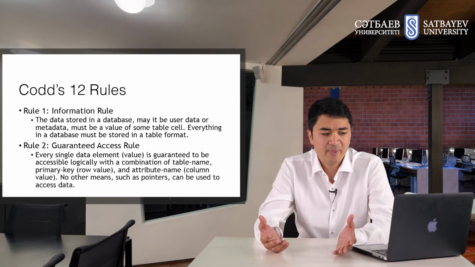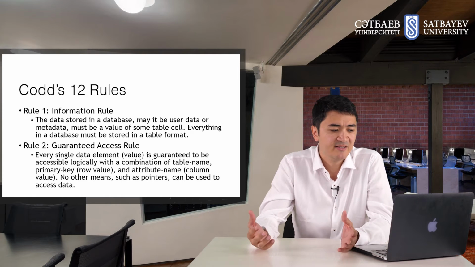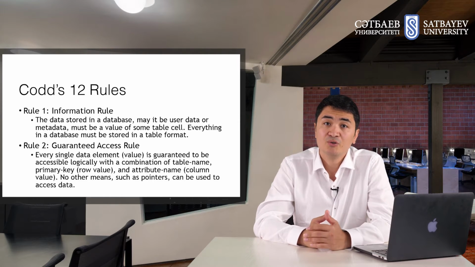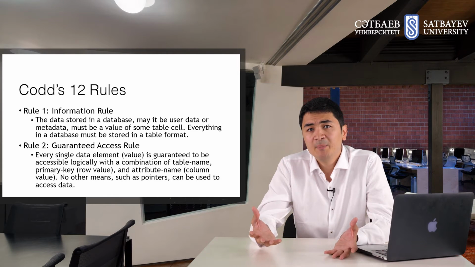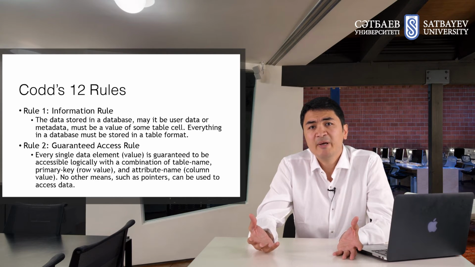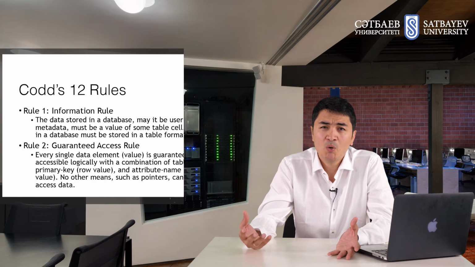Then logical data independence, integrity independence, distribution independence, and non-subversion rules. Those are the rules that were claimed for the database management system that should be kept if you would like to create such a management system.